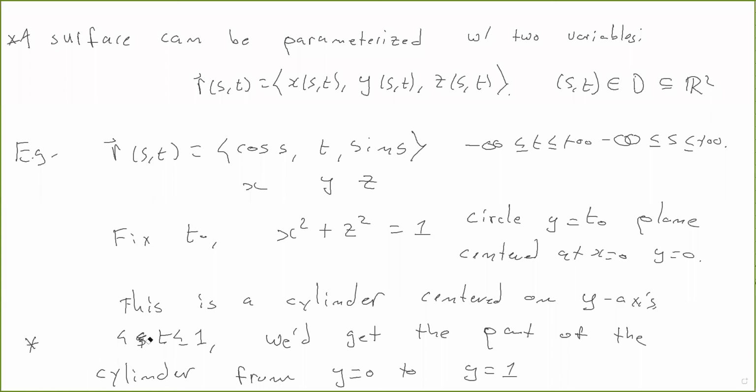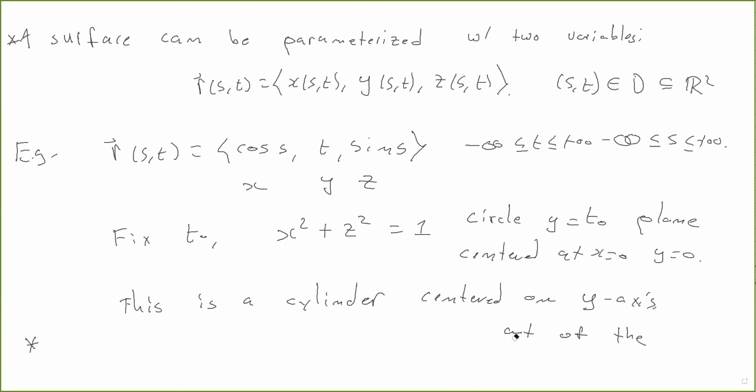Similarly, if we restrict the value of s, depending on how we restrict it, we're just going to get part of the cylinder going in the round direction. I don't know if that made sense, so let me say it again. Let's say we have 0 less than or equal to s less than or equal to pi over 2.